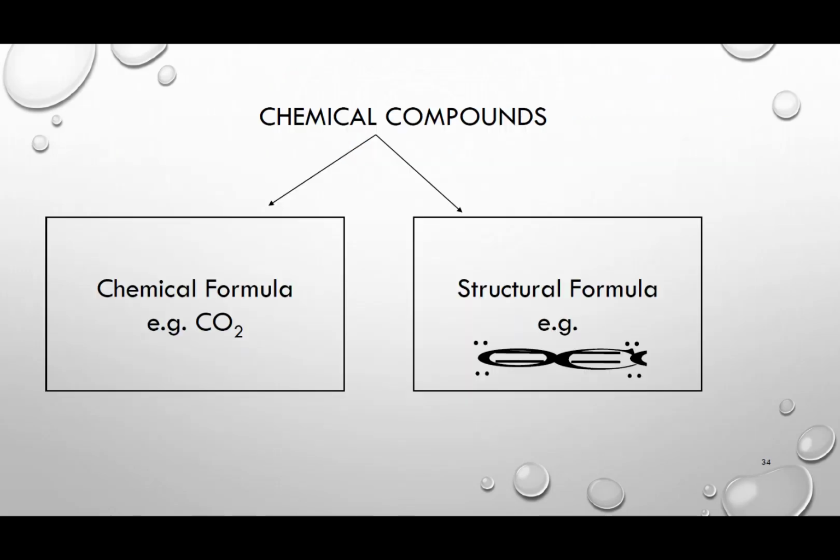Now let's talk about chemical compounds. Okay. When we are talking about chemical compounds, you could represent them in terms of chemical formula or structural formula. Then chemical formula, like carbon dioxide, like CO2. Okay, this is carbon dioxide.